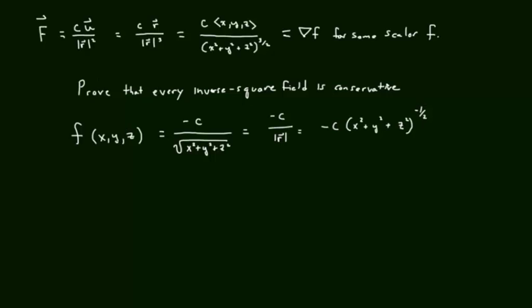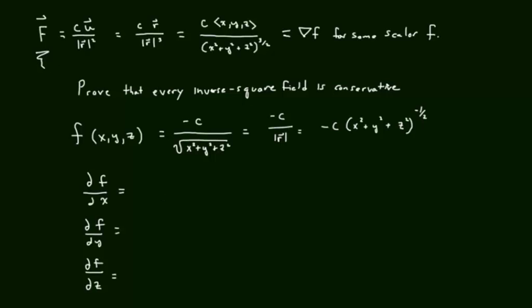So if this is correct, then del f: partial f partial x, I want you to find that, and find partial f partial y, and partial f partial z. And if you find each one of these, then they will hopefully be the components to this vector field above. So let's do it.